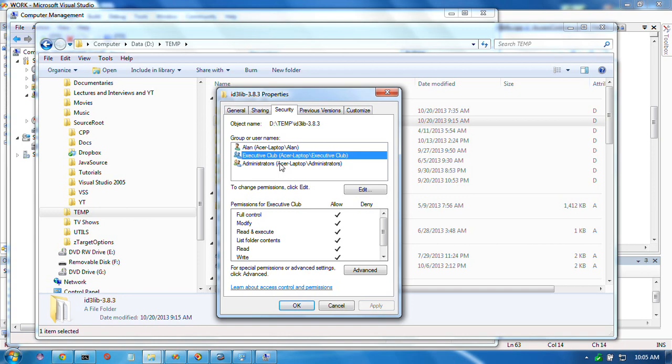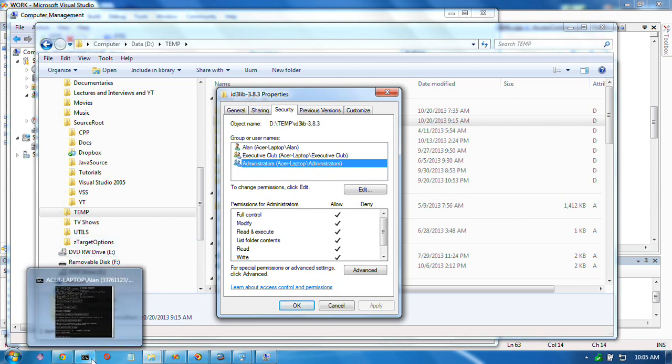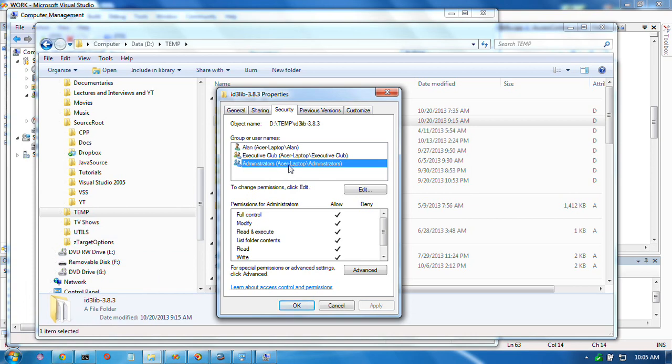This is the executive club of which I am a member. Okay. This is the administrators thing, of which I am also a member. However, in my non-restricted groups part, it's used for deny only.